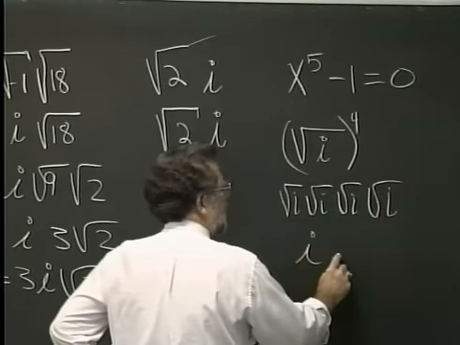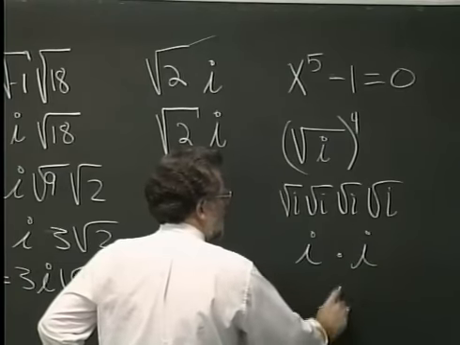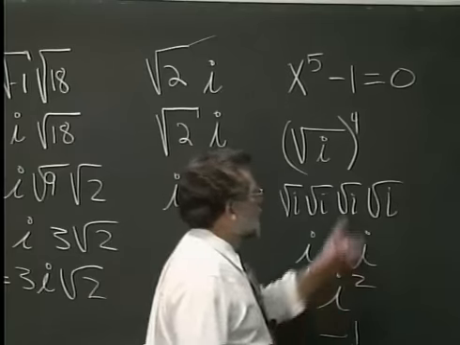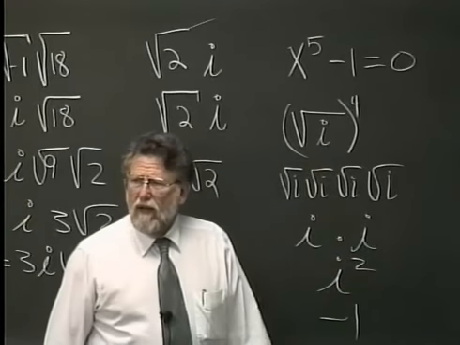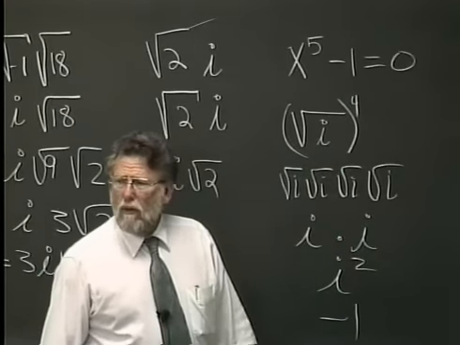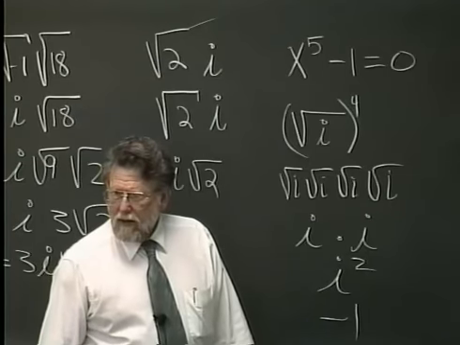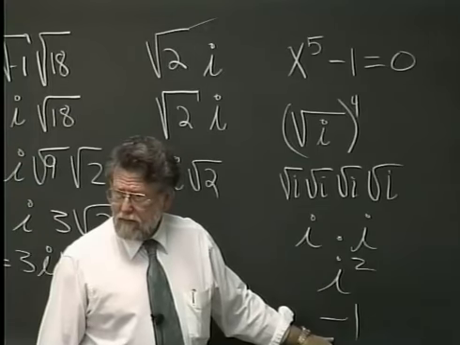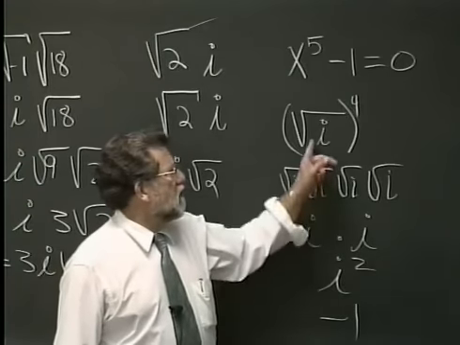But that's i times i, which is i squared, and therefore that's minus 1. So I can say that one of the 4 fourth roots of minus 1 is going to be the square root of i.